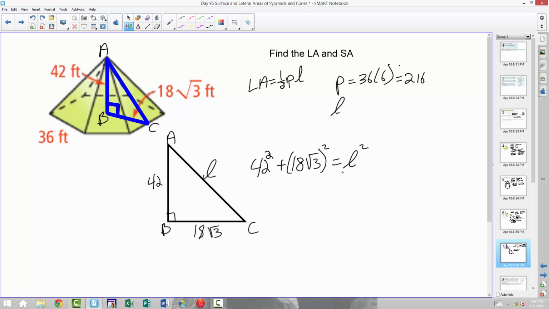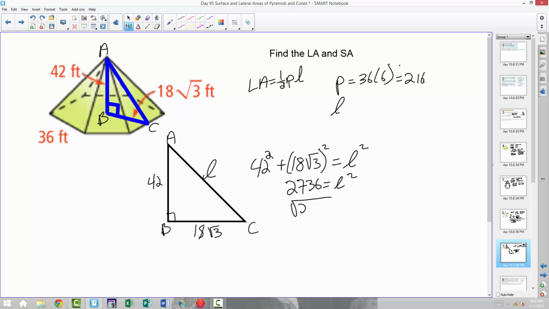So I have 42 squared plus 18 radical 3 squared, which is 2736. So I have 2736 equals L squared.